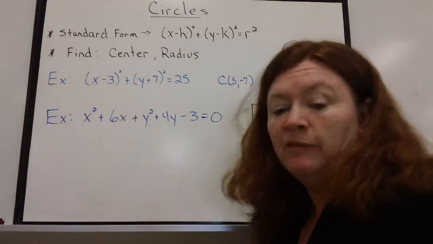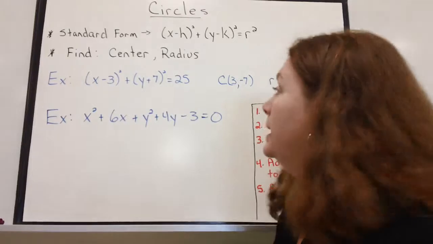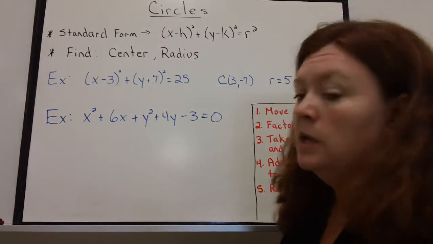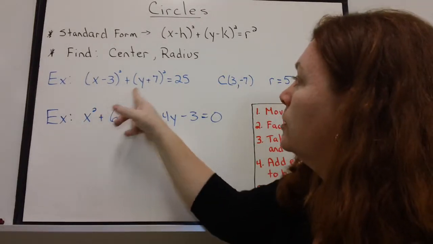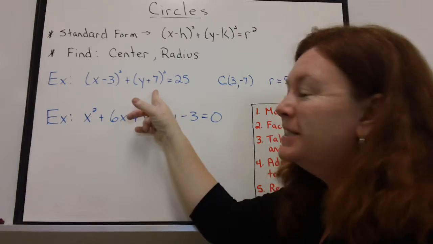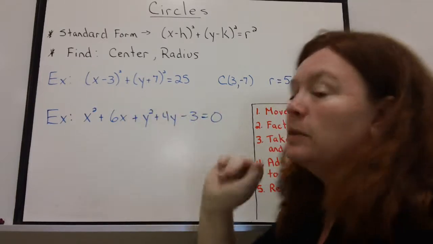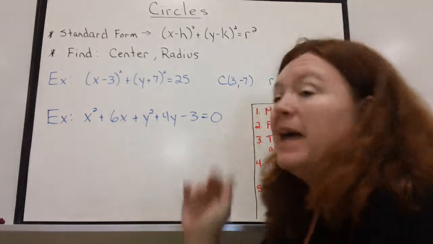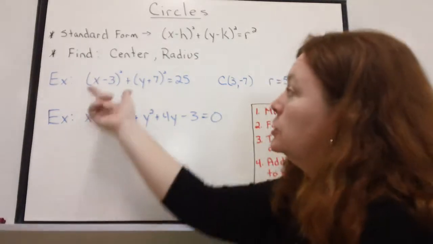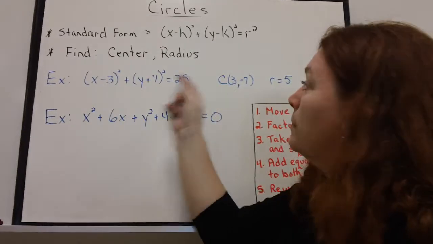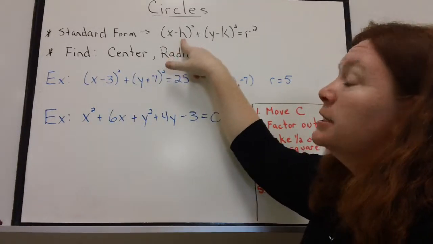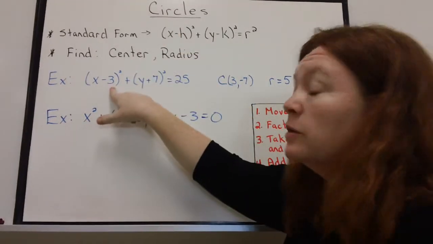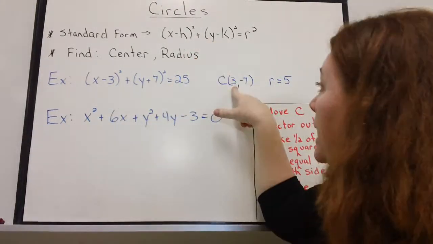For example, if you have an equation written in this form, (x minus 3) squared plus (y plus 7) squared is equal to 25. Remember the bad teenager analogy: in the house, you do the opposite. So when I am looking for my center, it's x minus what? X minus 3, so 3 is my h.